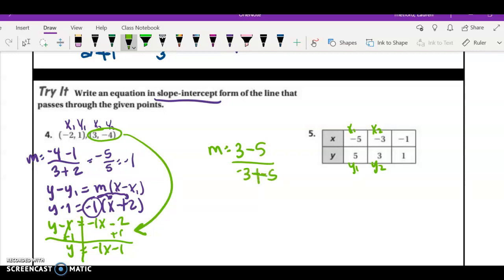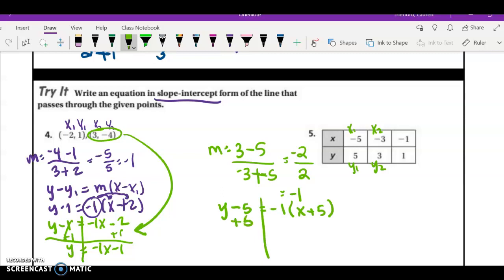So 3 minus 5 is negative 2 over negative 3 plus 5, which is positive 2. That gives me a slope of negative 1 again. Then I'm going to plug that in. So y minus my y1, which was 5, equals negative 1 times x minus my x1, which is negative 5. So that turns that to plus 5.